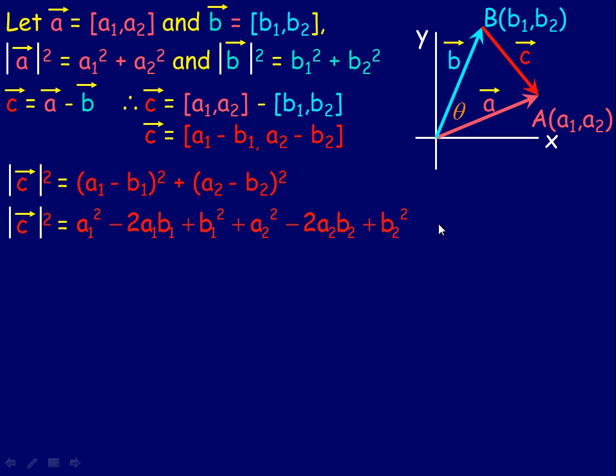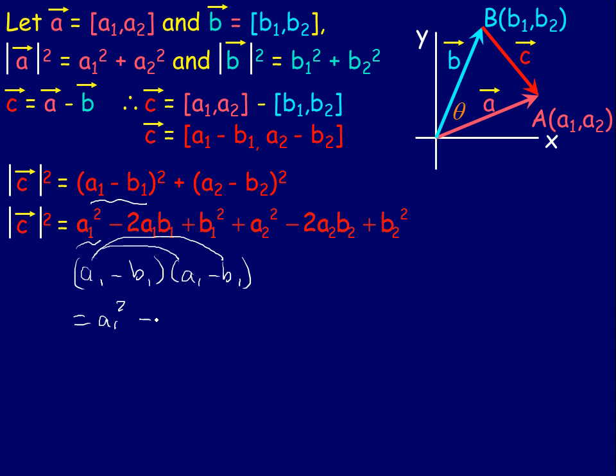Now if we expand this out, I'm just expanding the squares. For example, I'll do this one here: A1 minus B1 squared is A1 minus B1 times another A1 minus B1. So we're just expanding this out. A1 times A1 is this A1 squared here, and then A1 times the negative B1 would be minus A1 B1.